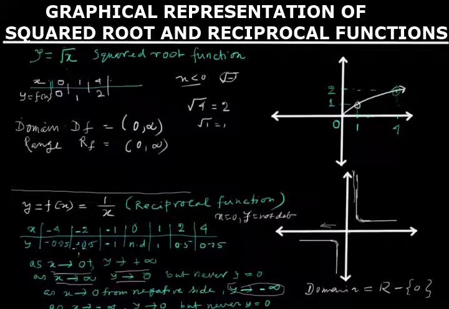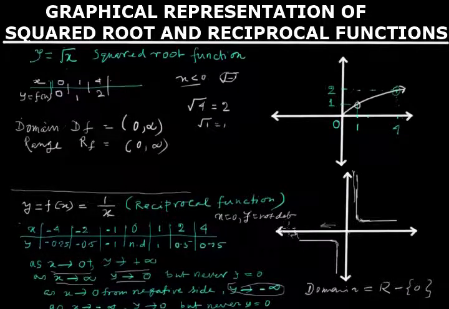And to get the graph, we are taking certain points. When x is minus 4, y is equal to 1 by minus 4, that is minus 0.25. So minus 4 is here, and we are getting minus 0.25.